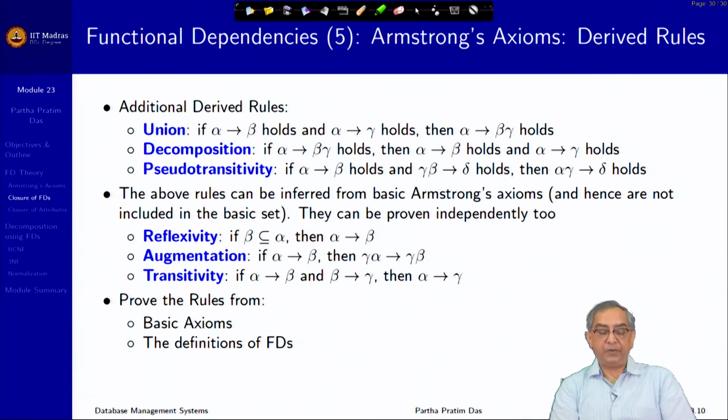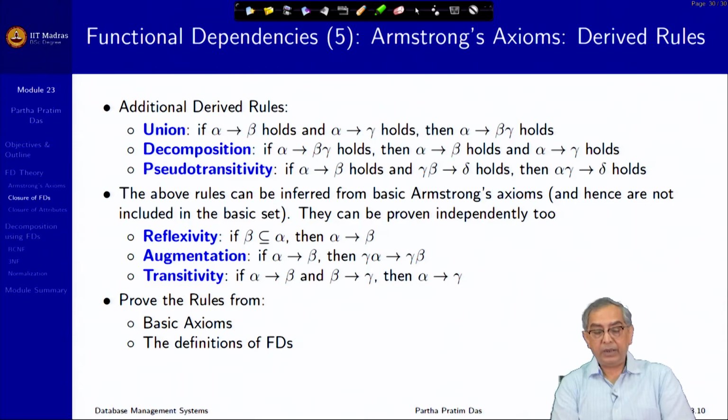So, the first rule is of union, that if alpha determining beta holds and alpha determining gamma holds, then alpha will determine beta gamma. That is, if 2 functional dependencies have the same left hand side, then their right hand side can be taken union of. It is pretty easy to actually do this.